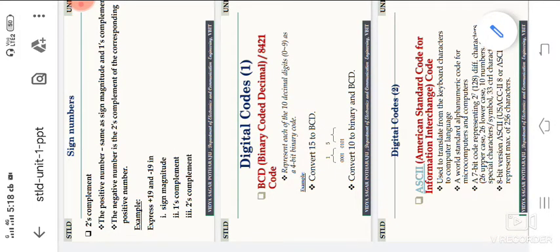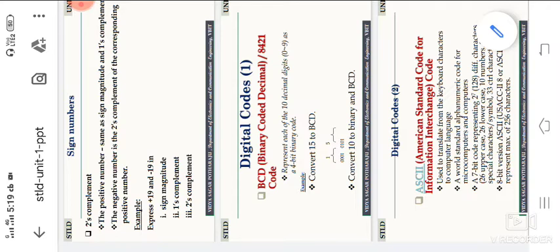Because it is decimal BCD, only the digits 0 to 9 are there. This is one of the important codes, ASCII, American Standard Code for Information Interchange. ASCII code is used to transfer the characters from the keyboard to the computer.